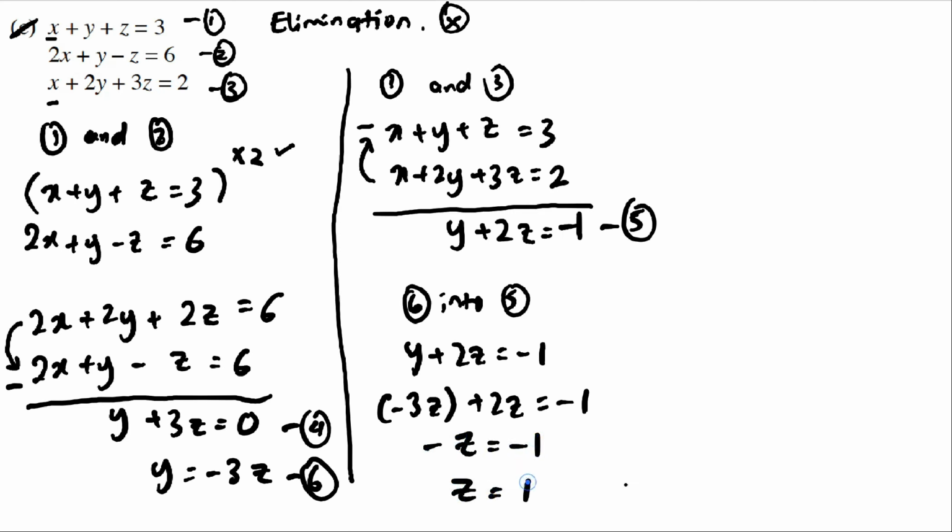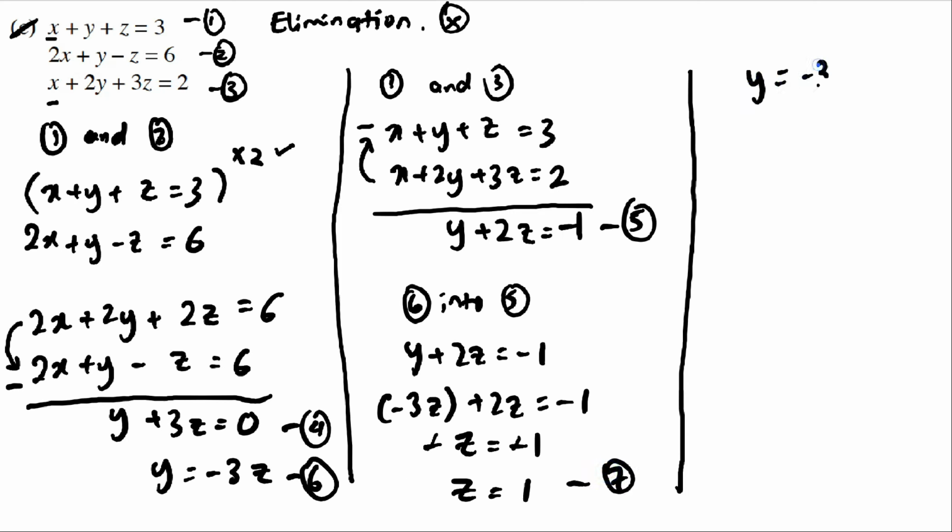Therefore, z is equal to 1. If we get z, then we can get y. Y is negative 3z, which is equal to negative 3, since z is equal to 1. So here we get negative 3.